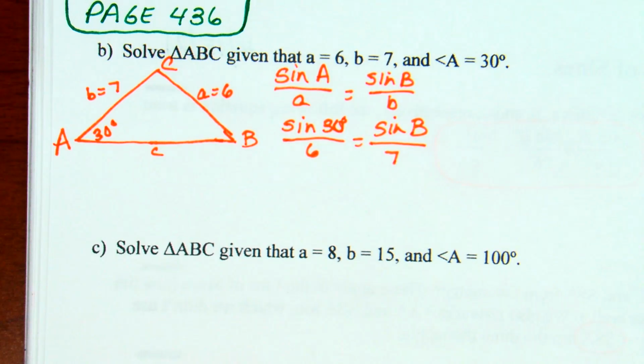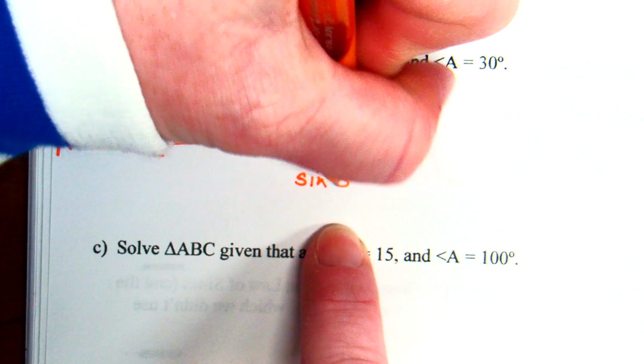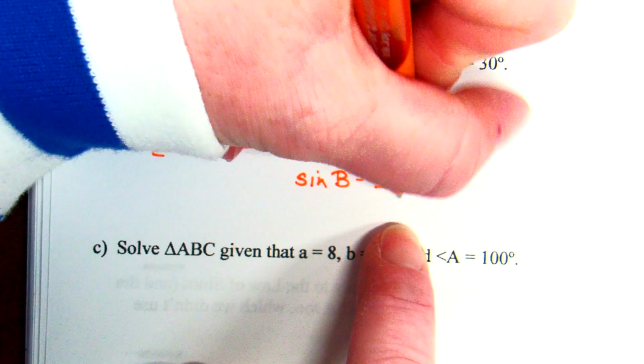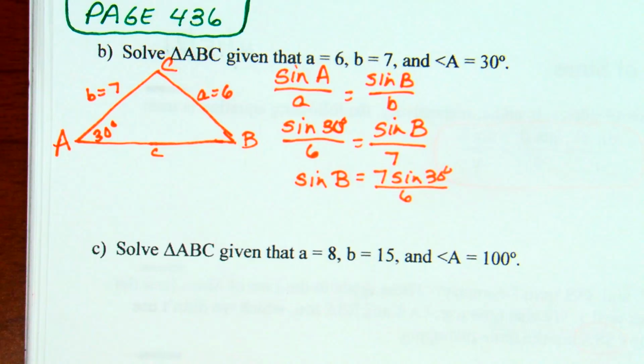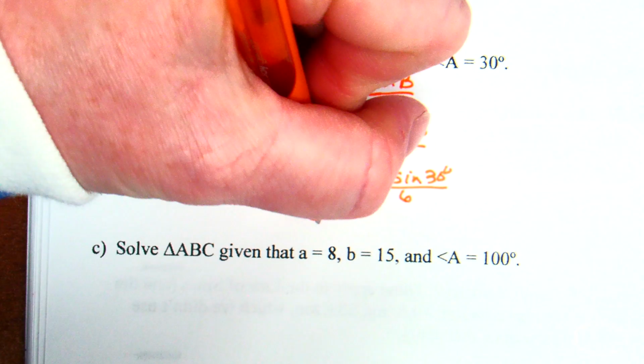Are you talented enough that you can multiply and divide all in one step? Well, isn't it just 7 times sine 30, and then we'll divide by 6? So I'm going to write that sine B is 7 times sine of 30 degrees divided by 6. Can you agree? I did two steps in one: I did my cross products, but then I also went ahead and divided the 6 over. I've got a lot to fit in a little room.